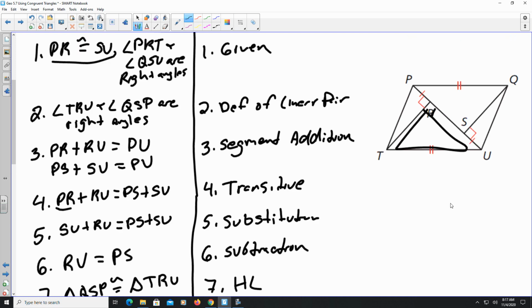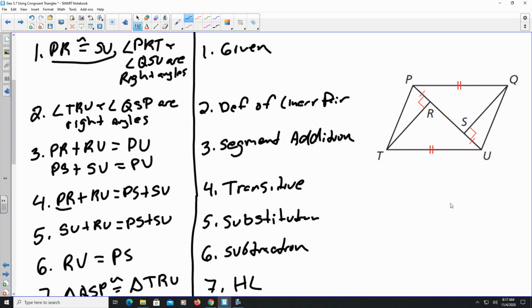We knew it's a right triangle. I have two congruent hypotenuses right here and right here. I found out that this segment here is the same as this segment over here. I'm able to use hypotenuse leg to make that proof. Because this triangle here and this triangle here are congruent, corresponding parts of congruent triangles are in fact congruent.